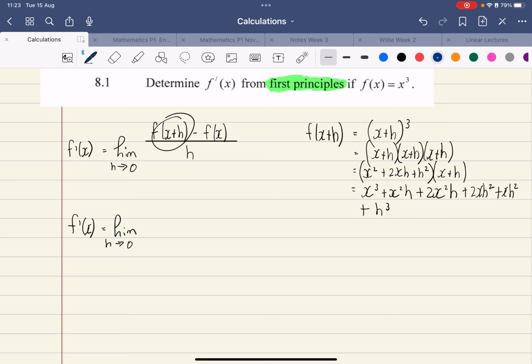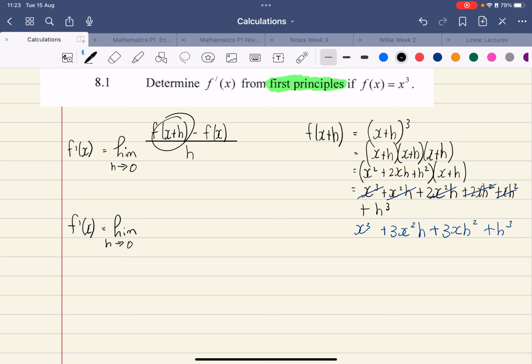Let's just have a look. x cubed, x squared h plus 2x squared h gives 3x squared h, and 2xh squared plus xh squared gives 3xh squared, plus h cubed. There we go, that looks like it's been simplified.